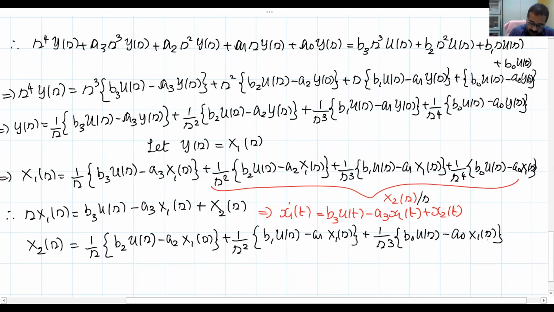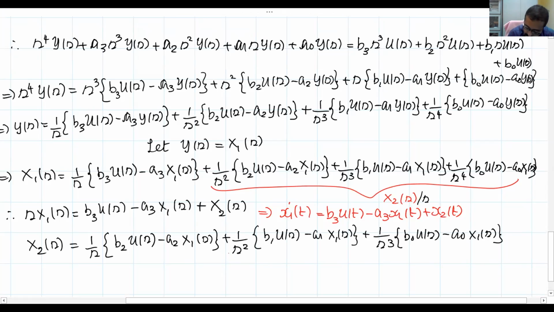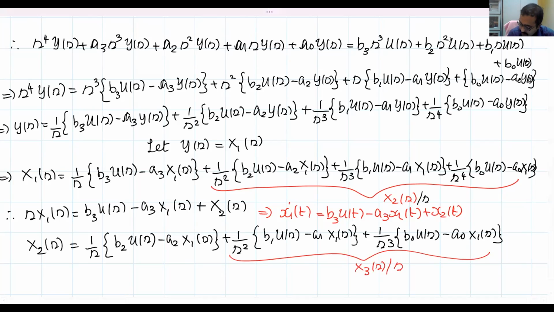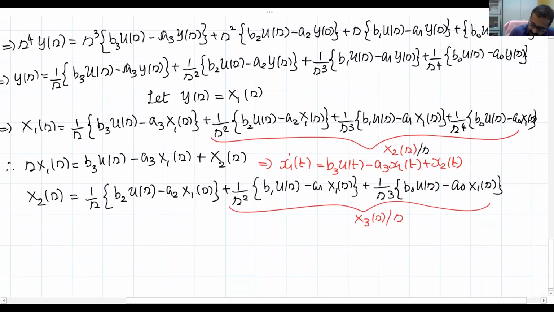Okay, now what I will do? I will multiply throughout with s. So this I will call as x3 of s divided by s. Okay, so if you multiply throughout with s, what will you get?